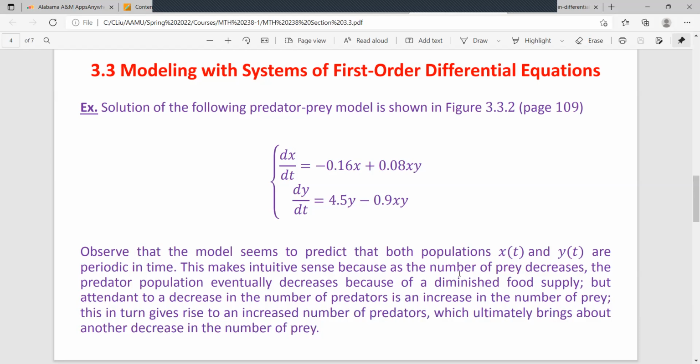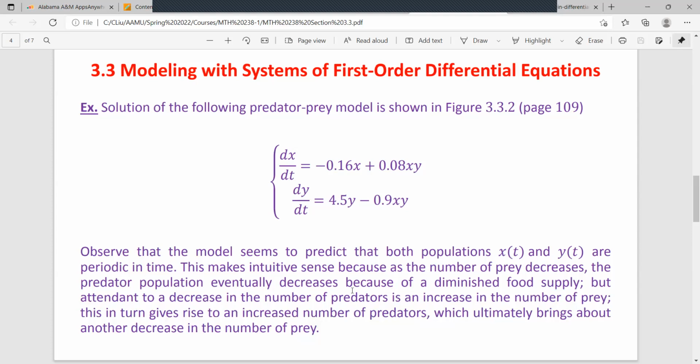The foxes, of course, because of the shortage of rabbits that foxes need, the population of the foxes also will eventually decrease, but there is a time delay. They don't decrease at the same pace. So the decrease of the rabbits occurs first, and then after some time, the population of the foxes also decreases.